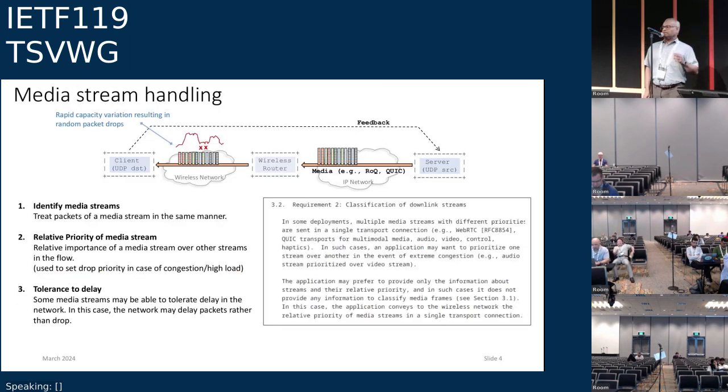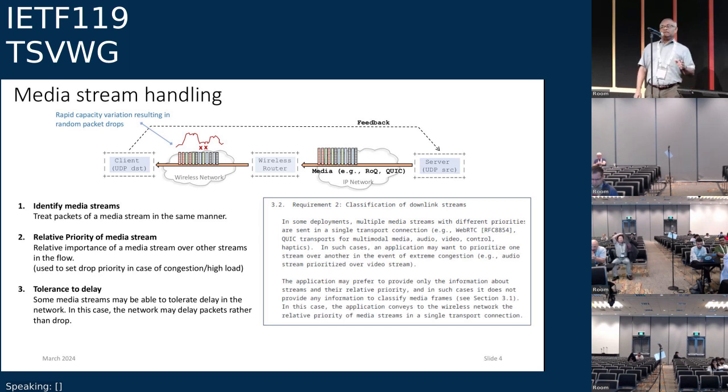Yeah. So in this case, unlike separating frames of a particular flow, what we're writing requirements for is to identify a set of media streams that may be transported in a single flow, a channel. So that could be like a WebRTC case where you have audio or video and so on, so it's the same set of requirements.